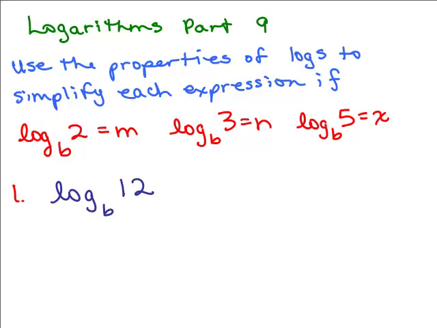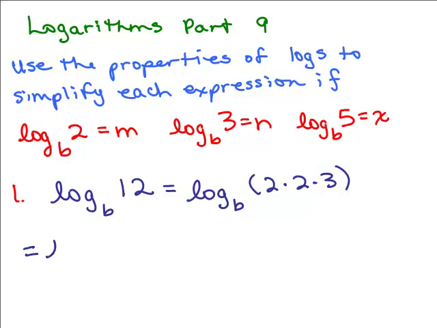Okay, so there are different ways to do this. My hint is usually factoring is going to help. So let's factor this. Now, 12 could be factored to 2 times 2 times 3. If we write it in this form, we can use the product property. So we're going to take the log base b of 2 plus the log base b of 2 plus the log base b of 3.